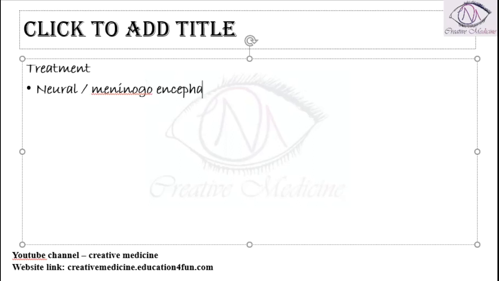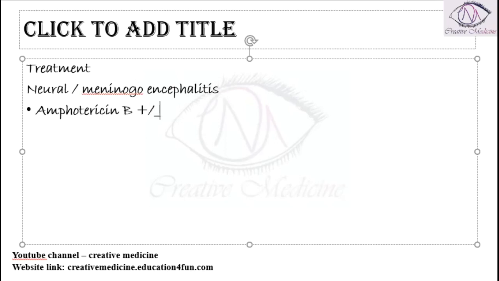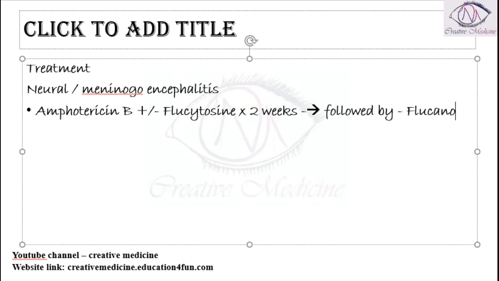For neural meningoencephalitis, we can give the drug amphotericin B with or without flucytosine for 2 weeks, followed by fluconazole, which can be given orally. So amphotericin B is given with or without flucytosine for 2 weeks, followed by oral fluconazole in neural meningoencephalitis.